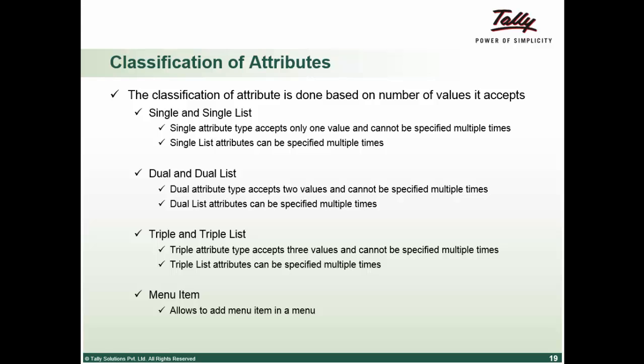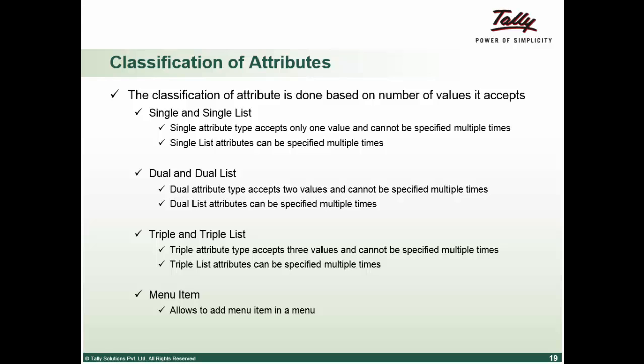A single list type attribute accepts one value and can be specified multiple times. These attributes also accept a comma separated list. For example, the field attribute in a line definition. Then we have dual and dual list. A dual type attribute accepts 2 values and cannot be specified multiple times in the same definition.